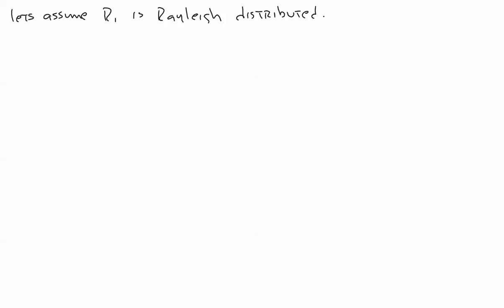It's almost 100% likely that no resistor manufacturer produces resistors that are Rayleigh distributed. More than likely, they are uniformly distributed about the mean value. So if you go down to Radio Shack and buy a 1 kilo ohm resistor, it's probably a mean value of 1 kilo ohm plus or minus some uncertainty that's uniformly distributed around 1 kilo ohm. I'm just going to pretend that it's Rayleigh distributed to give us an unusual, interesting result to discuss later.